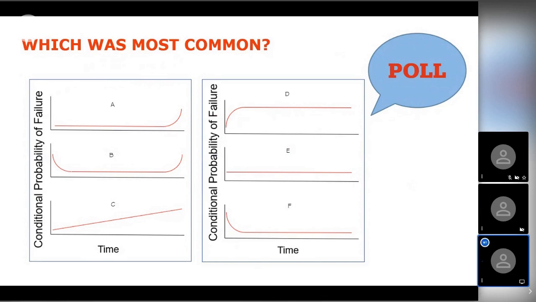Excellent. Well, I have to say that's probably what I would call a typical result for this kind of question. I would say that most people answer B, possibly because they see that as a familiar profile. It's what we call the bathtub curve.